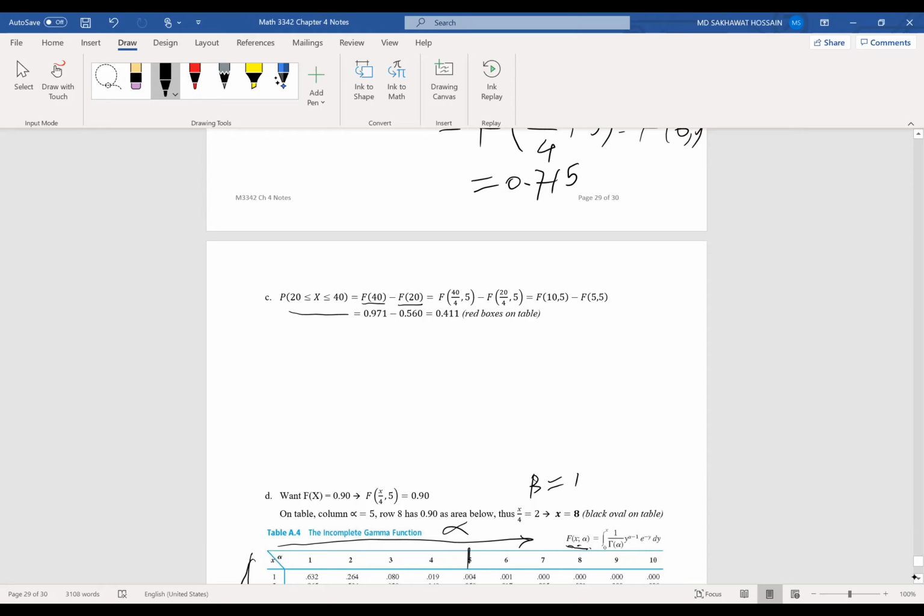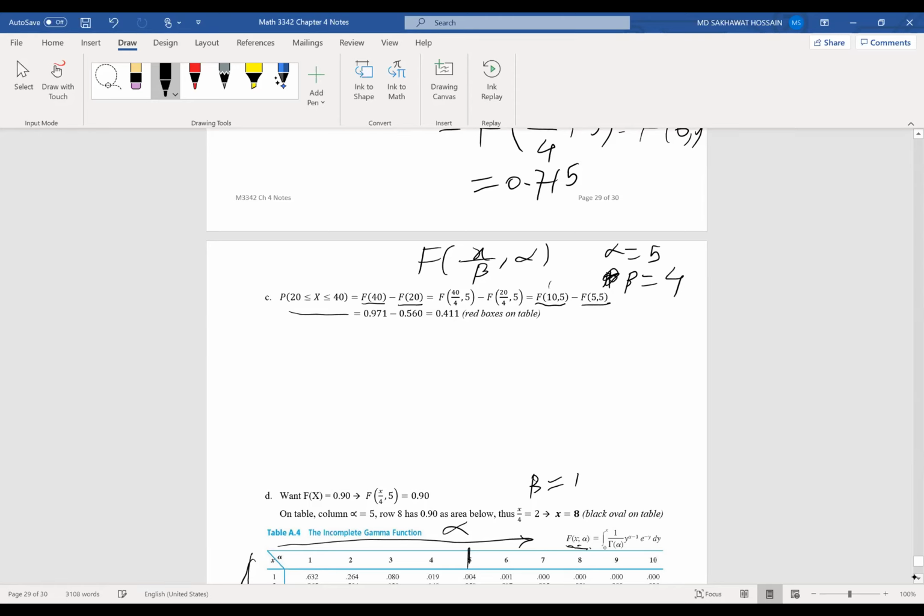The first number is x over beta, and the second is alpha. So x is 40, so 40 over 4, comma 5, minus, if x is 20, 20 over 4, comma 5. So it will be F(10, 5) minus F(5, 5).